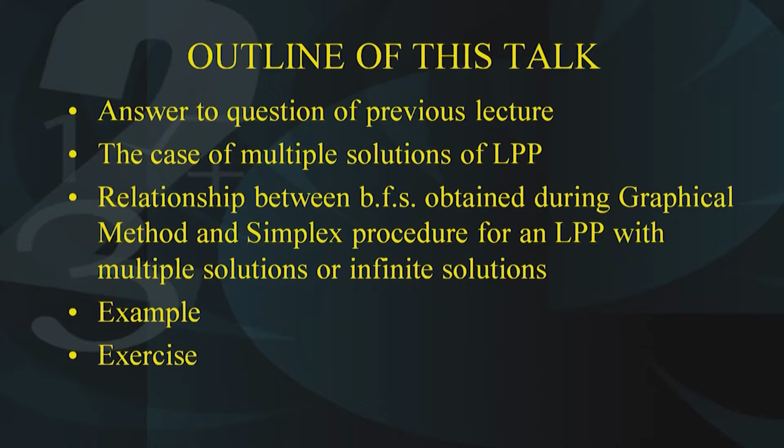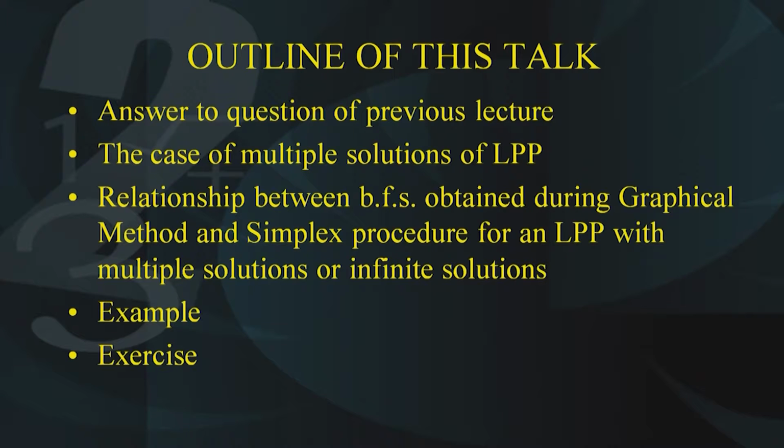Then we will look at the relationship between the BFS, that is the basic feasible solution, in the calculations of the simplex method vis-a-vis the graphical method, and this we will do particularly for the case of the multiple solutions or the alternate solutions. We will do this with the help of an example, and finally I will give you an exercise to solve.